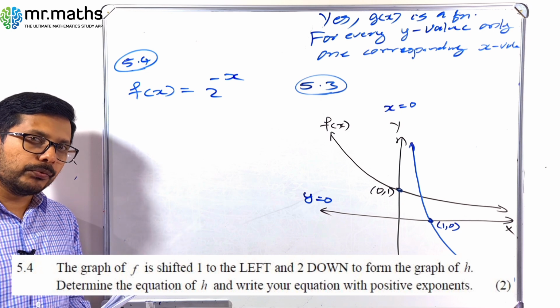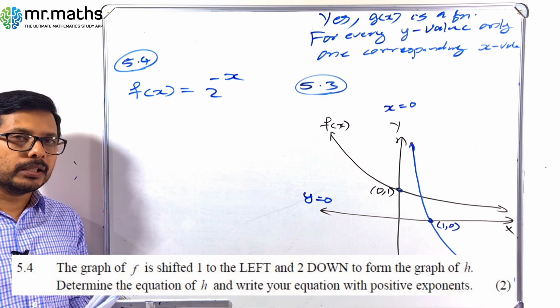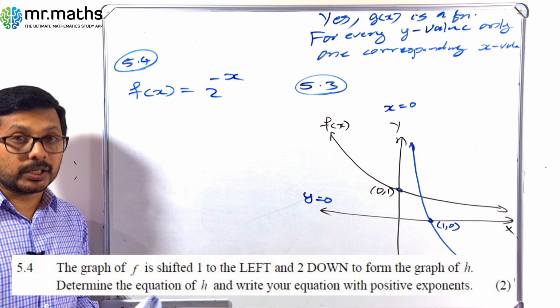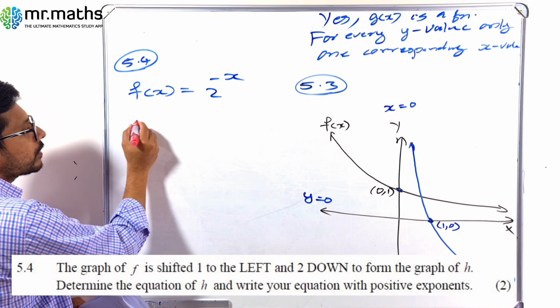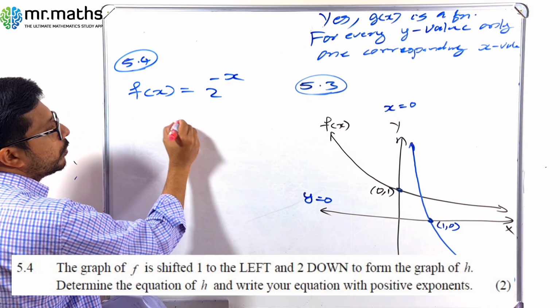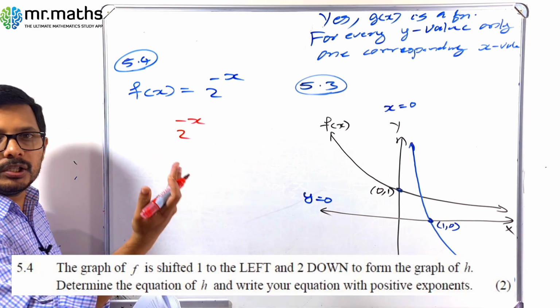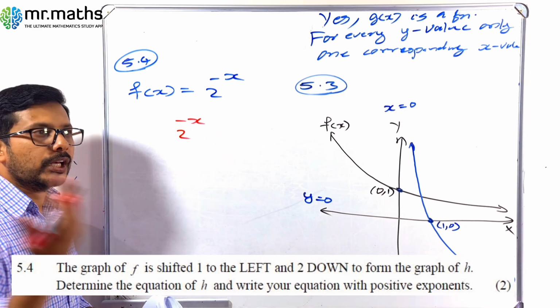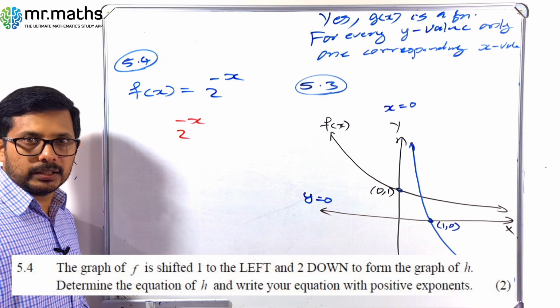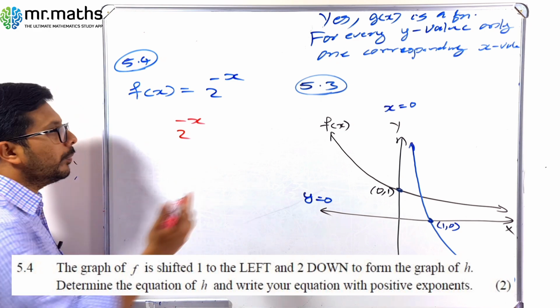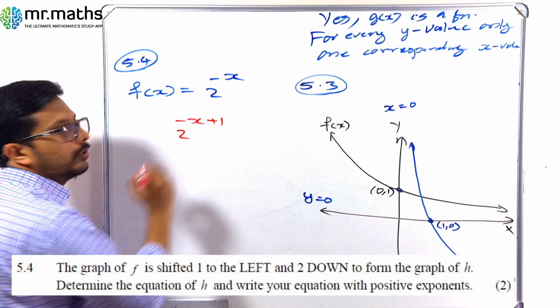In a graph, shifting to the left means it's not minus, it is plus to the x value. Normally we think that left is negative, but it's not like that in the case of graphs. 1 unit to the left means it is plus 1.